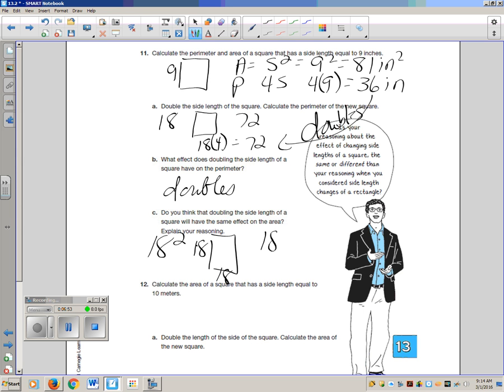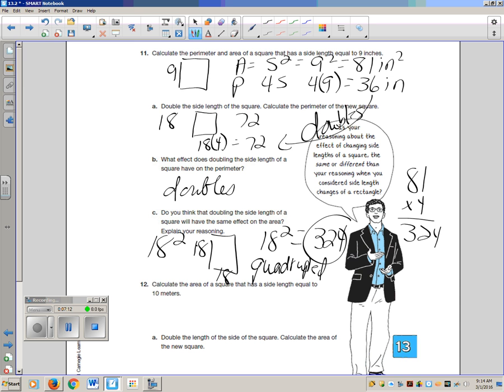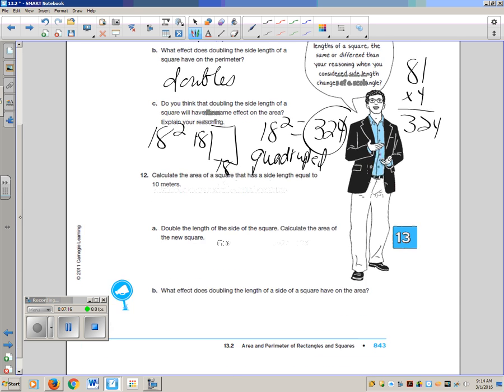And now I want to find the area. 18 squared equals 324. If I multiply 81 times 4, I get 324. So this is quadrupled. The perimeter is doubled, and the area is quadrupled.